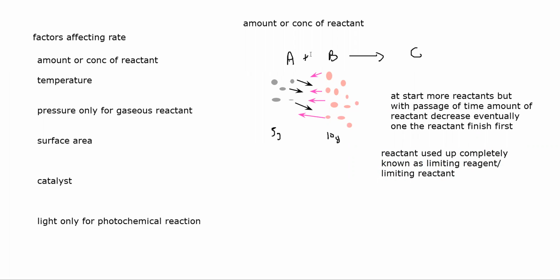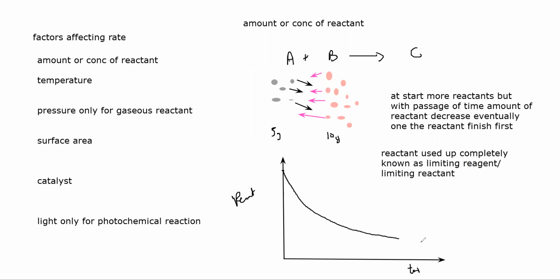So if I sketch a graph for amount of reactant and time, in the beginning there is a steeper slope, then eventually the slope decreases, and eventually there is no change.